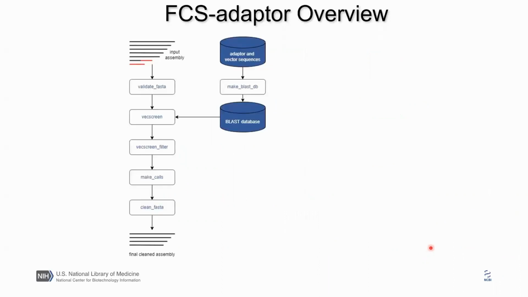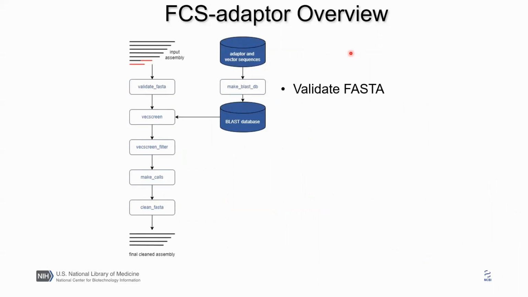Now I want to give a broad overview of the two tools that are currently part of the FCS suite. FCS Adapter is a re-implementation of NCBI's VecScreen pipeline and looks for adapters commonly used in sequencing library preparations.